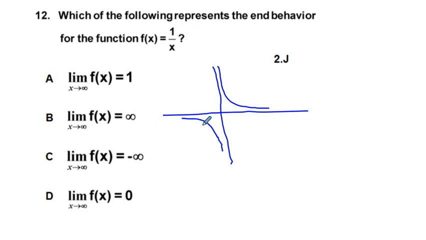That's what the graph of this looks like. And end behavior is a synonym for horizontal asymptote. Well, the limit as x approaches infinity, as x gets larger and larger, f of x approaches the x-axis. And so our correct answer for this one is D.